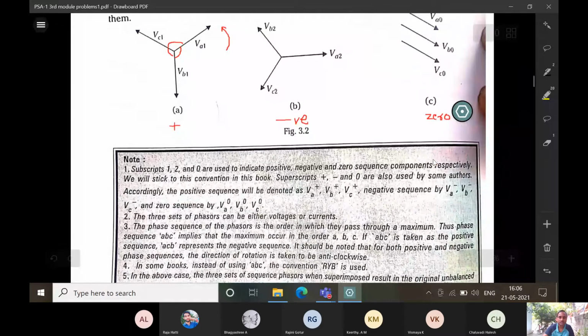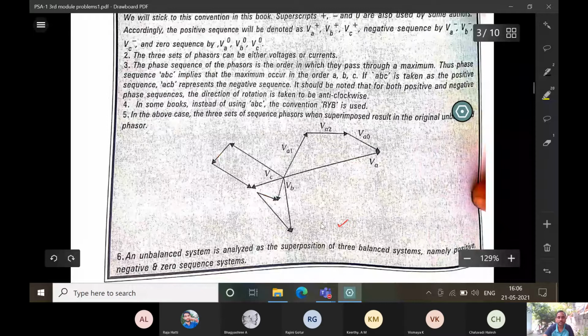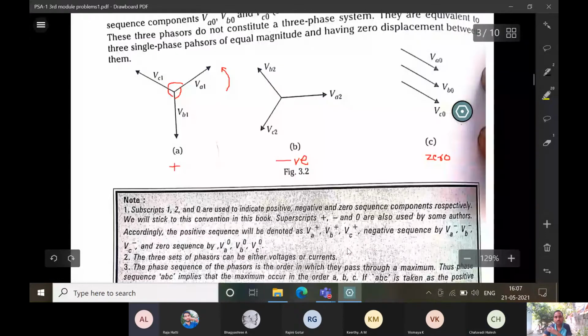Now we can join all these three and we will get this diagram. I will show how to draw this. Are you following? Yes, sir. Look here. I want to draw VA, VB and VC.